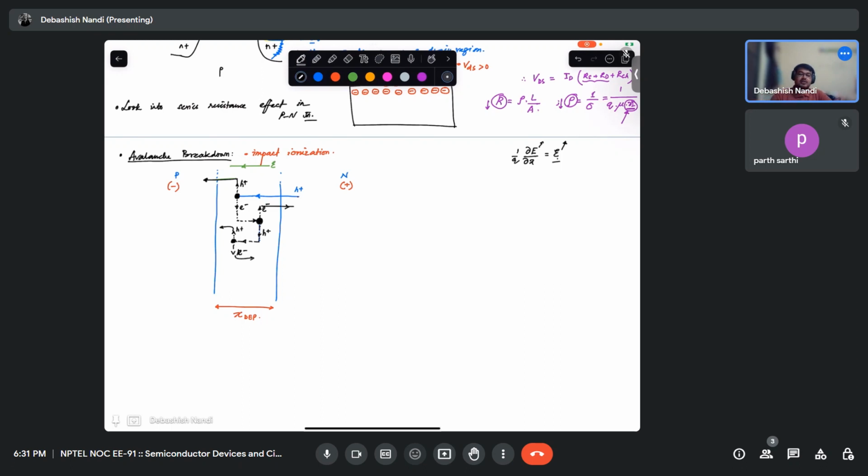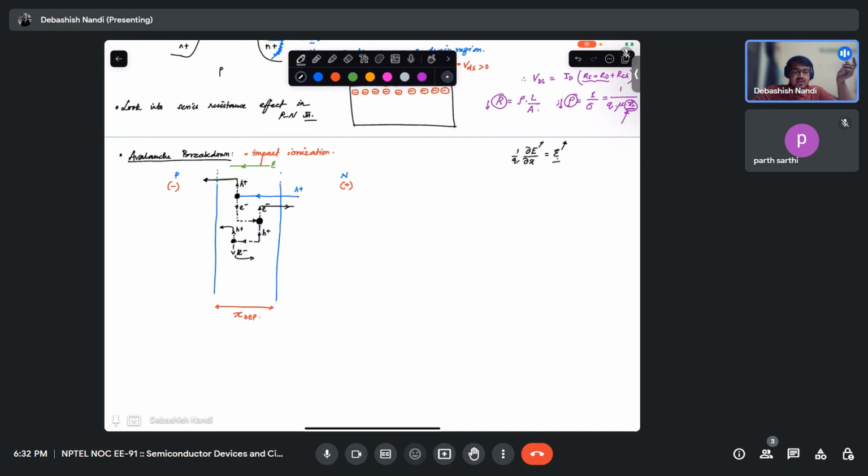Okay, so what happens is that in a very small amount of time or space, the high energy holes and electrons generated by the impact of previous high energy holes and electrons will create the next impact, and that will create another electron and hole pair.